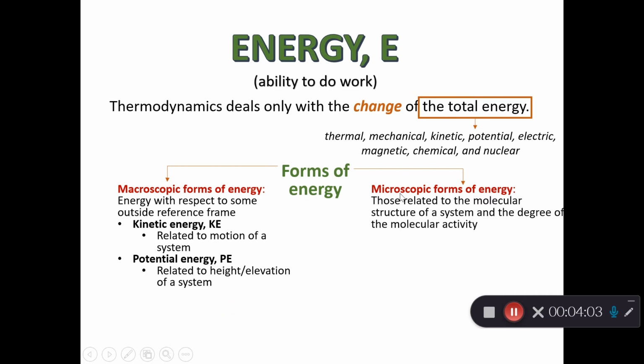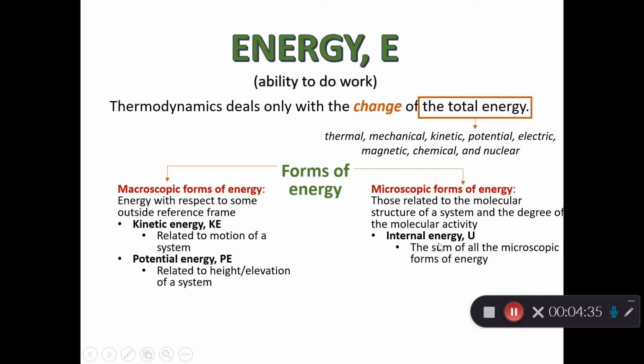Now, for microscopic forms of energy, from the word micro, you know that it's not something that is visible to our naked eye. So these are energies related to the molecular structure of a system and the degree of molecular activity. So how much energy is between the molecules? What are the forces, attractive forces between the molecules and so on? Okay, so all these microscopic forms of energy, we simplify it and call it internal energy.